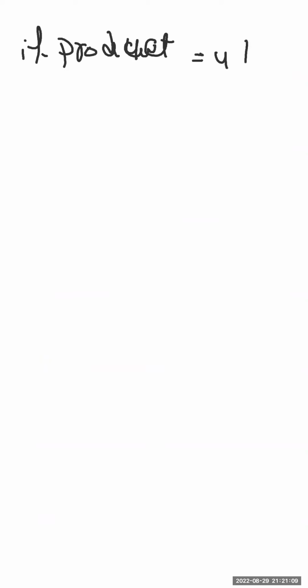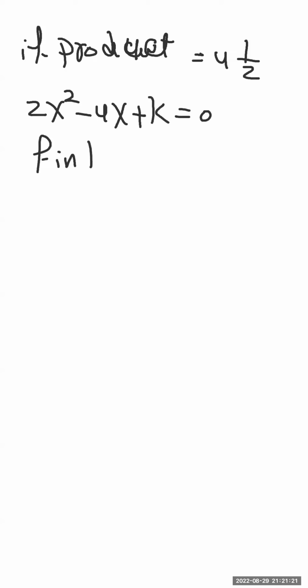If the question is like this, this time the product is given: the product of the two roots equals 4.5 for the equation 2x squared minus 4x plus k equals 0. Find k and the two roots.